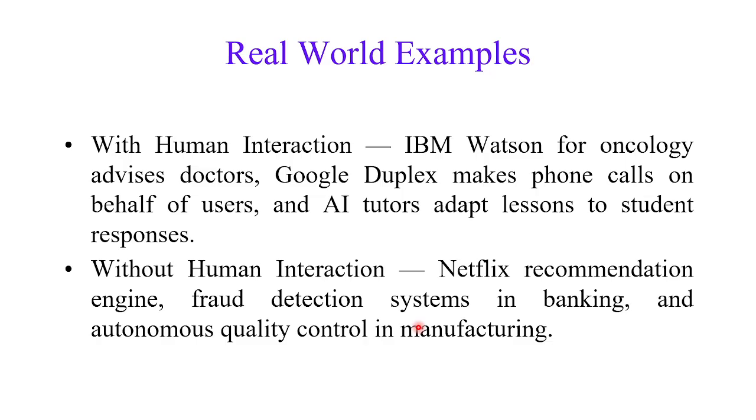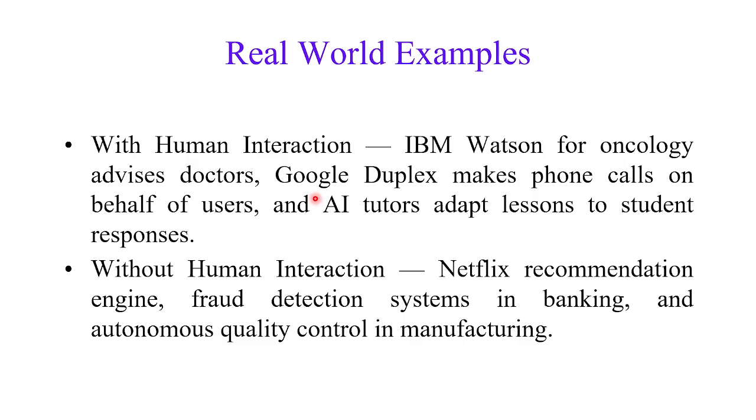Google Duplex makes phone calls on your behalf, it has actual conversations with humans, navigating back-to-back dialogues. An AI tutoring system adapts its lessons in real time based on how students respond, so it's completely interactive.